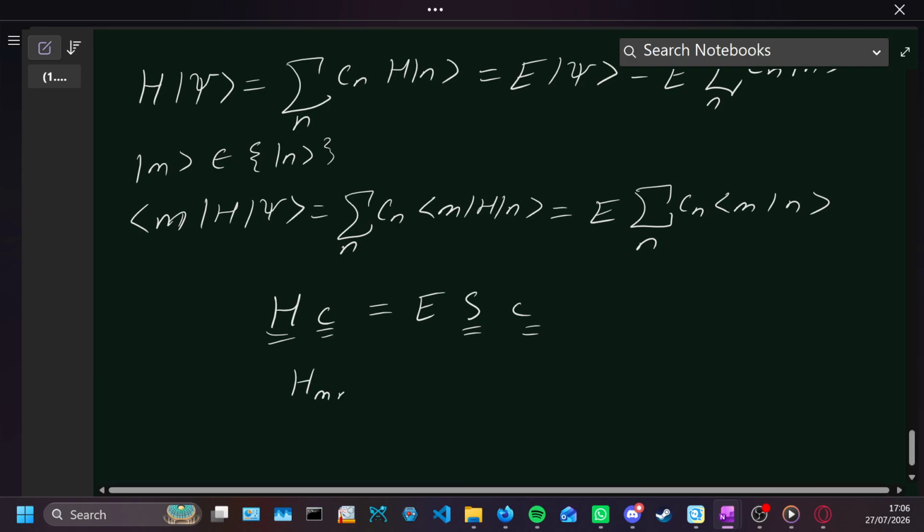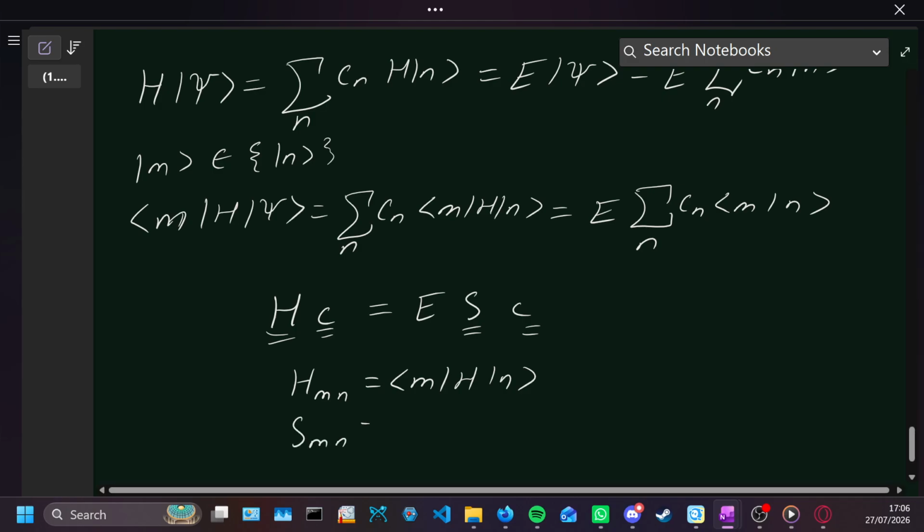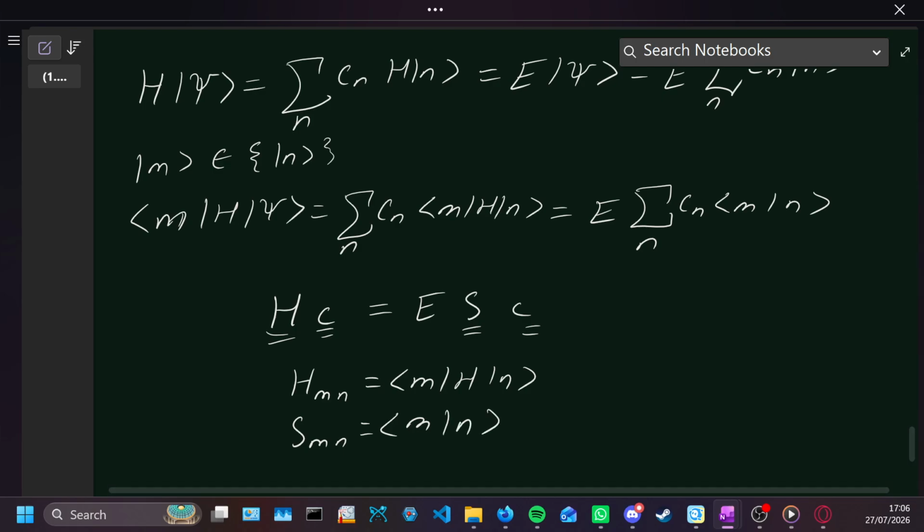H is going to have values equal to this inner product, that's row m and column n, and then S is just going to have the base inner product of m and n.